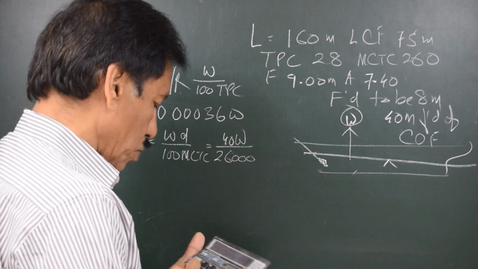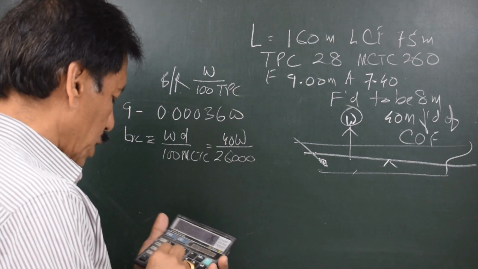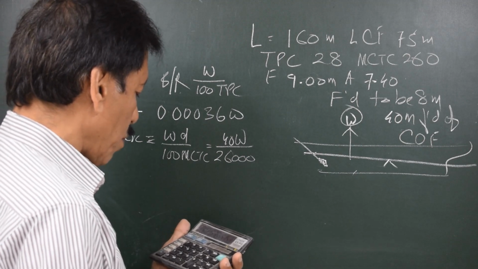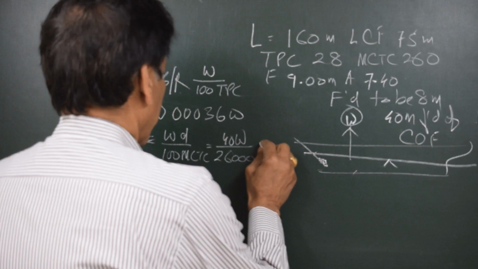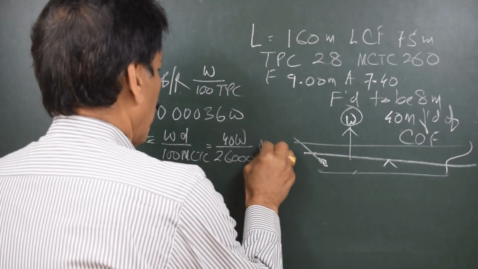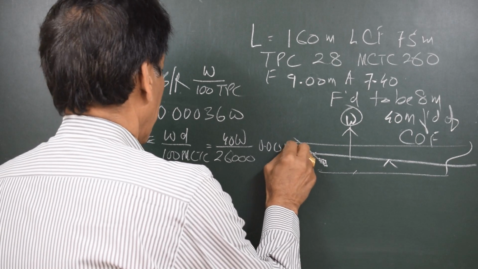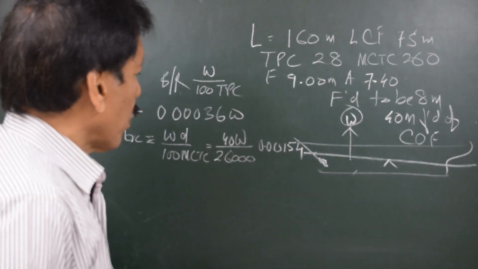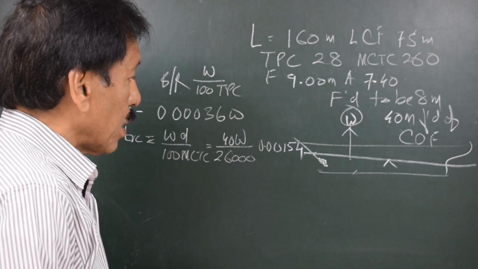So 40 divided by 26000 gives me 0.00154 W meters.